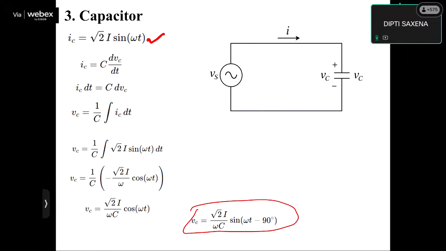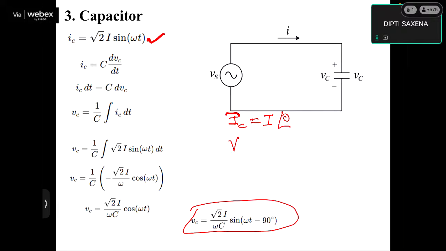So I have two phasors. Again, see one thing. One, I have to write the current through the capacitor. If you see the current through the capacitor in phasor form, I have a magnitude. What is the angle? Omega t plus 0. So the angle is 0 degree. Now look here.